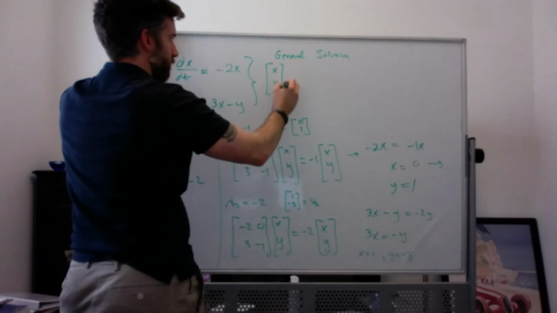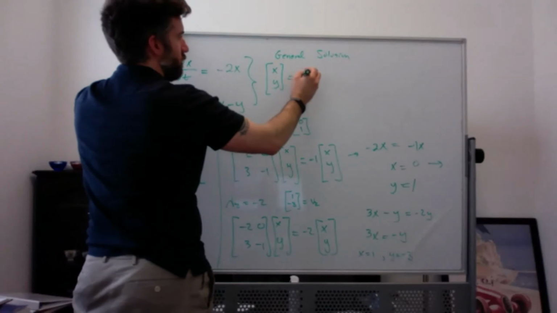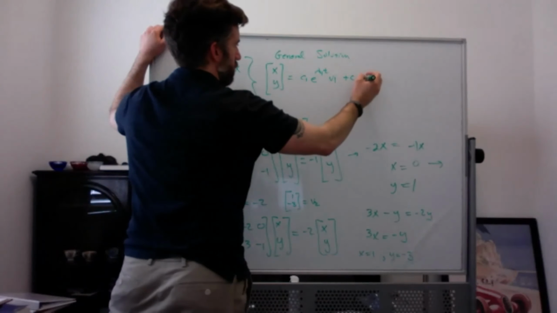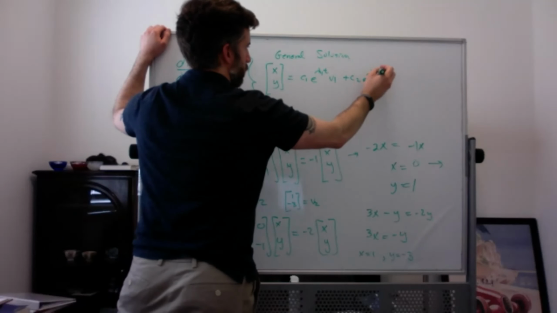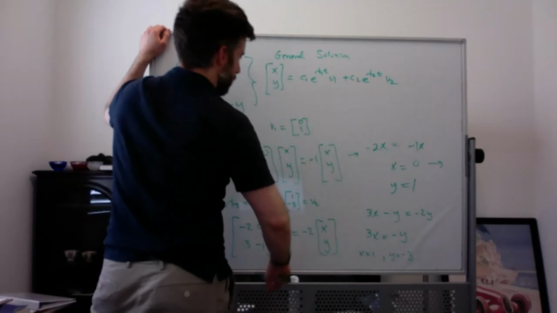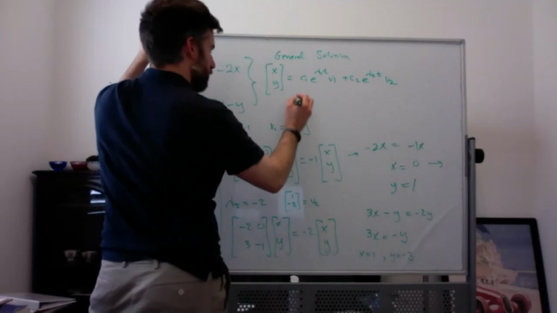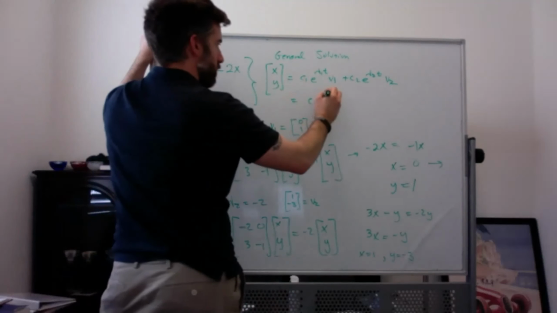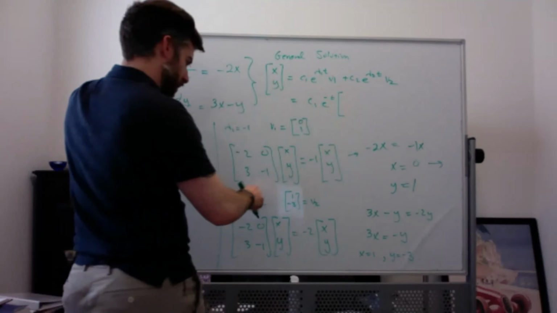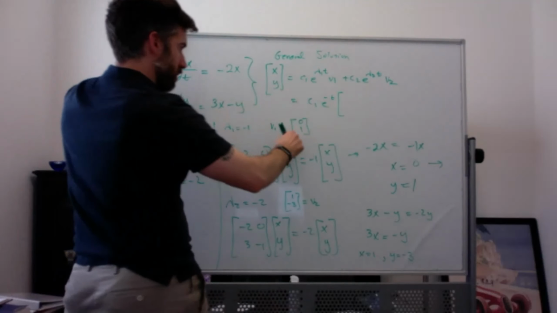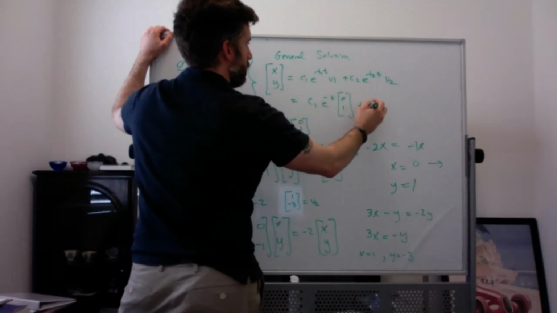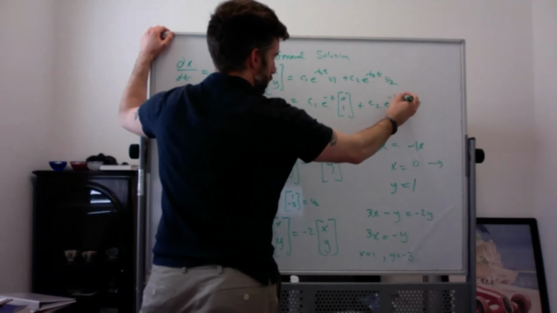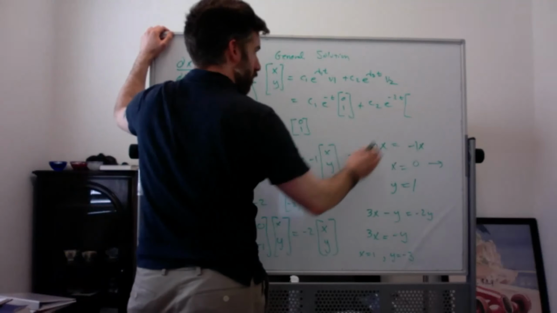So xy is equal to c1 e to the lambda 1 t v1 plus c2 e to the lambda 2 t v2, which just ends up being c1 e to the, lambda 1 is -1, so -t, times v1, which is 0, 1, plus c2, which we still don't know, e to the lambda 2 t, which is -2t, times v2, which was 1, -3.